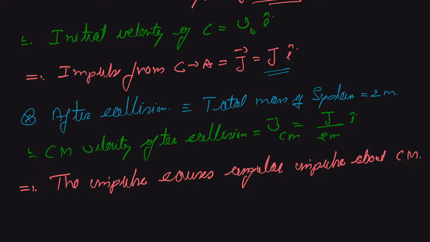And like we said, since J is along our x-axis, the RA is going to have a component along the x-axis as well as the y-axis.